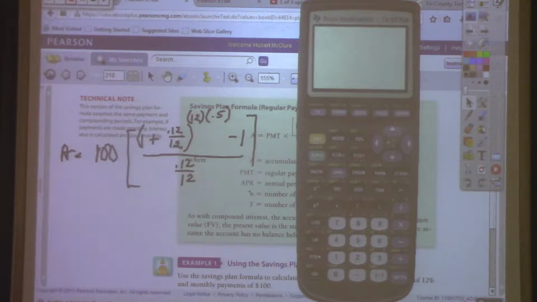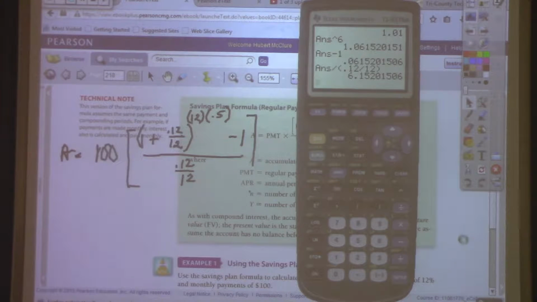I'm going to take 0.12 divided by 12, and I'm going to add that to what? 1. And then I'm going to raise that to the what power? 6th power. I'm going to minus 1. And I'm going to divide that by parentheses 0.12 divided by what? 12. And then close parentheses.